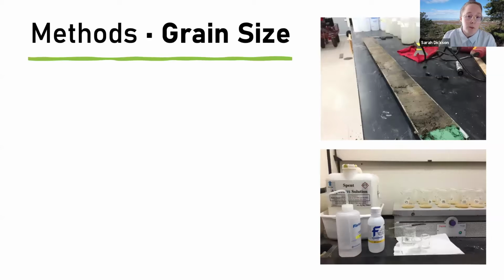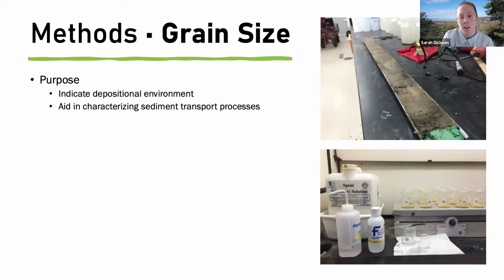Once we brought the cores back to the lab, they were split open and sampled for grain size and loss on ignition. Grain size is commonly used as an indicator of depositional environment. The size of sediment can aid in characterizing the transport processes. In general, finer grains means lower energy environments, and coarser grains means higher energy environments.